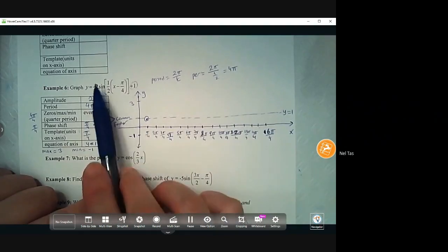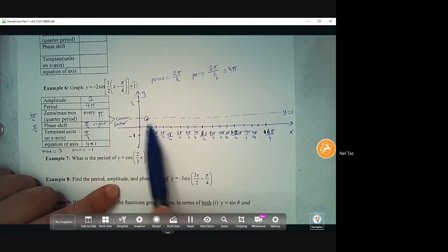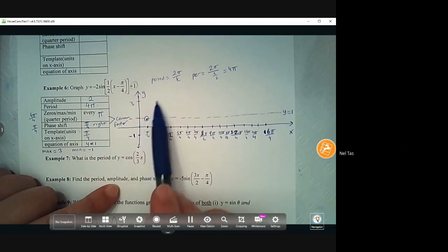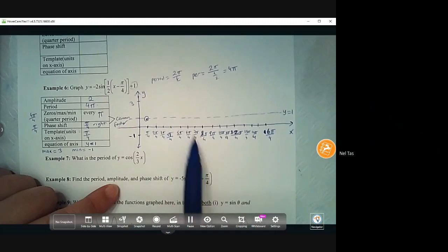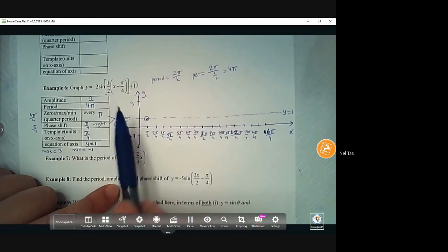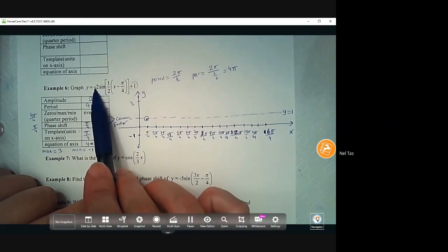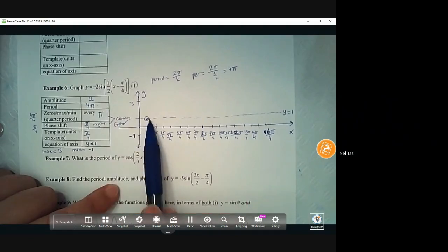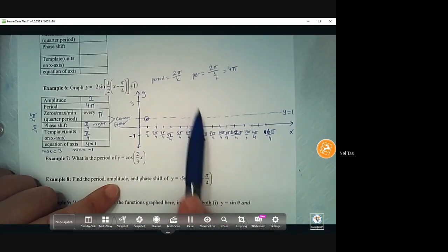If this was a positive sine graph, then after 0, you would go to maximum, then 0, then minimum, then 0. But because there's a reflection here, and the a value is negative, instead of going to maximum, the pattern is going to go from 0 to minimum, 0, max, and 0.